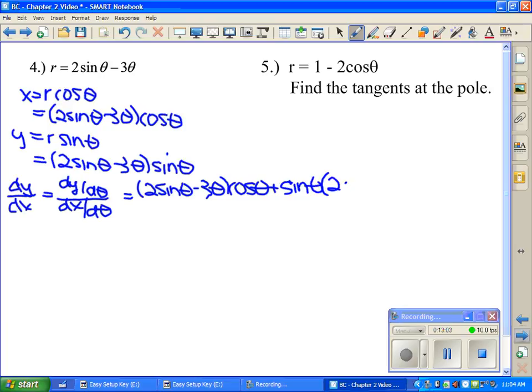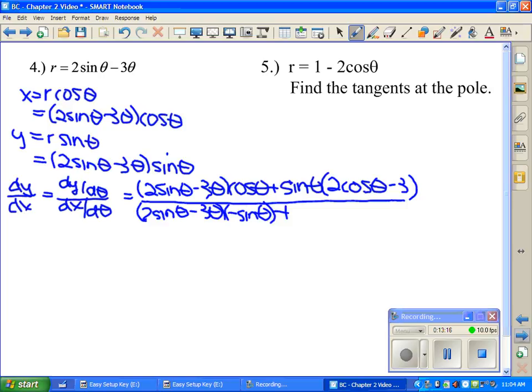And then same idea on the bottom. So product rule, (2 sine theta minus 3 theta) times negative sine theta plus the second, cosine theta, times the derivative of the first, which would be 2 cosine theta minus 3. We didn't do polar second derivative. We only stuck with polar first derivative.